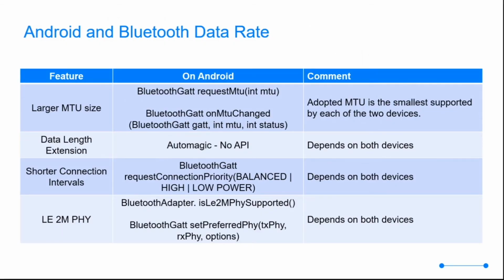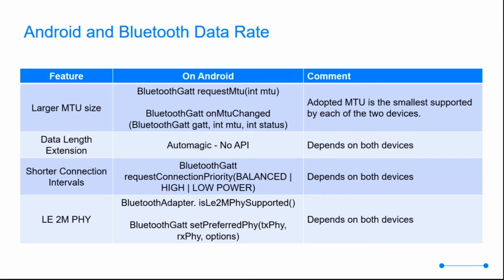So here's a summary. These are the primary variables and associated APIs that can affect the data rate. A larger MTU is really going to help. Data length extensions, they're either supported or not. They need to be supported by both devices to be available, and they'll get automatically used if they are.